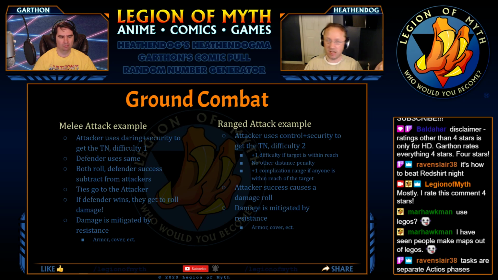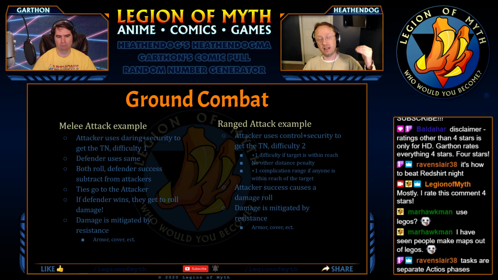I block, or I dodge, or I weave, or I do whatever. If it's a tie, if there's 0 successes on each side, the attacker wins. So the attacker has an advantage in melee combat, whereas if you tie, like if Captain Kirk gets 3 successes and the Gorn gets 3 successes, it's still considered a successful attack.